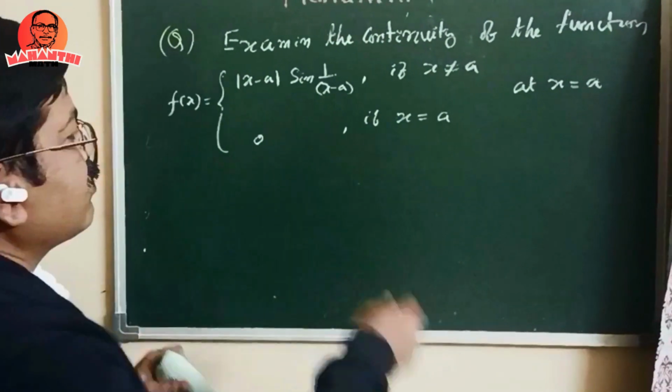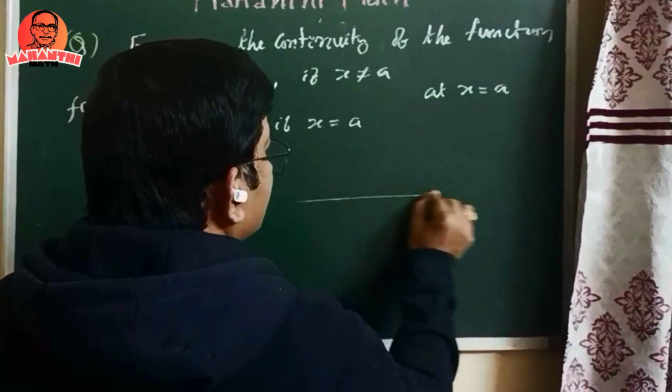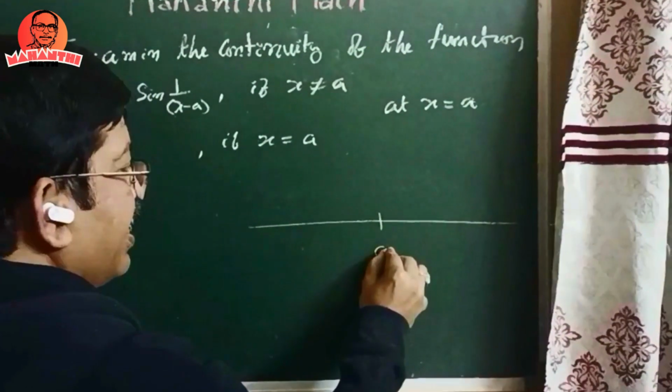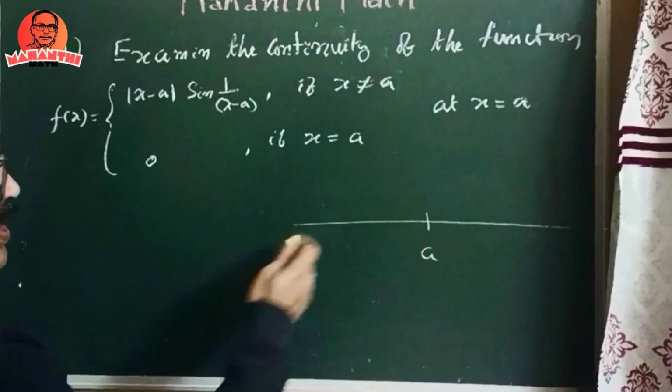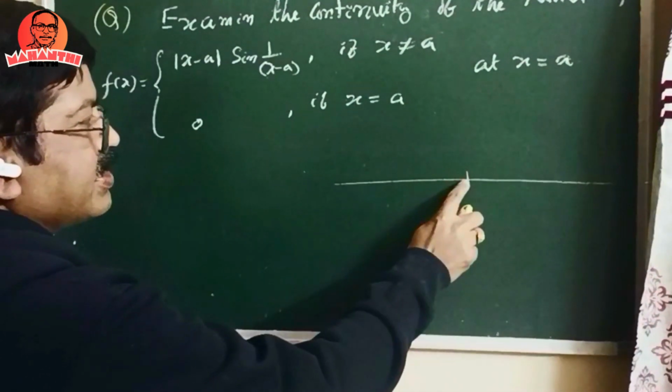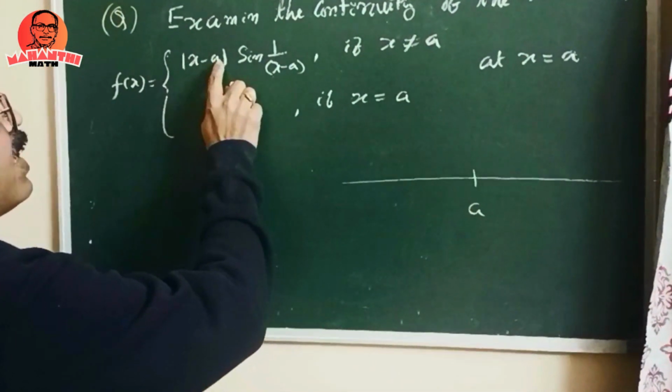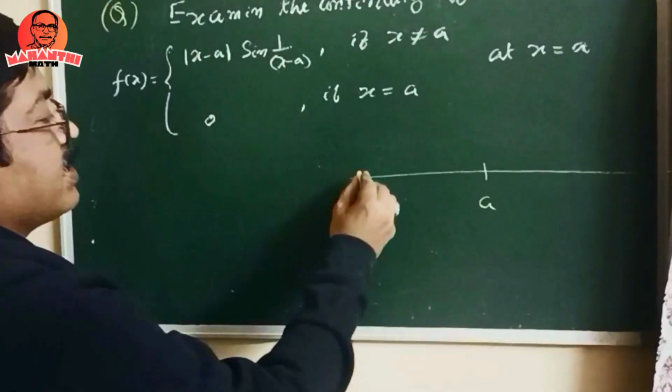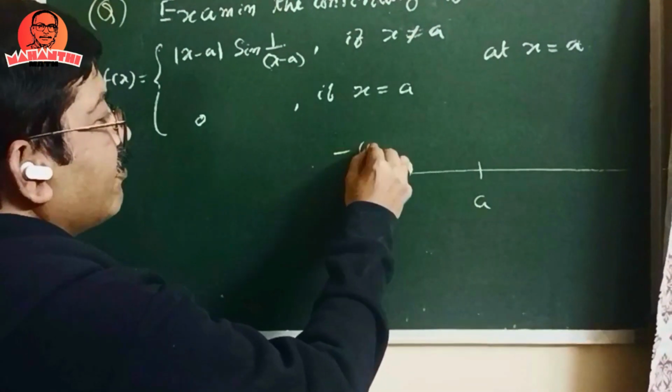So for this also you draw the number line like this. Here a. Left side of a, x is here, means x is less than a, x minus a is negative, so mod x minus a will come as minus of x minus a.